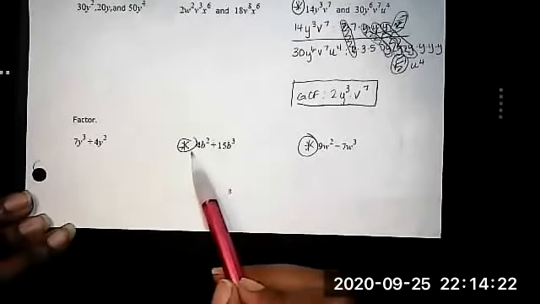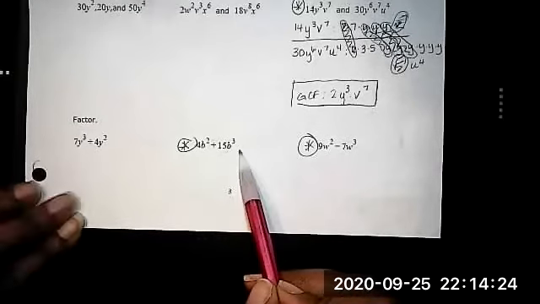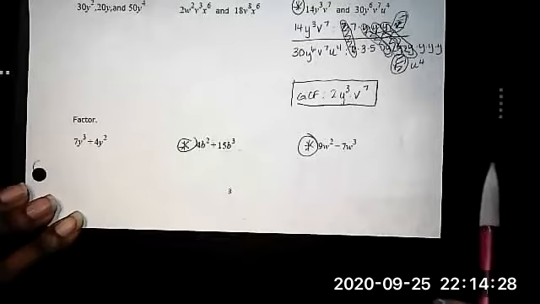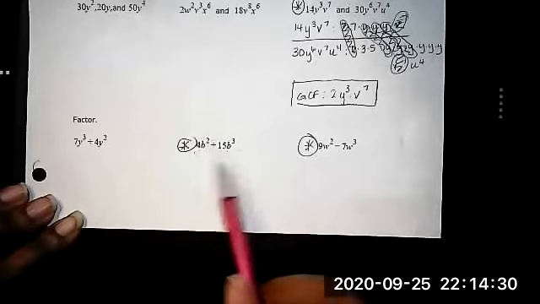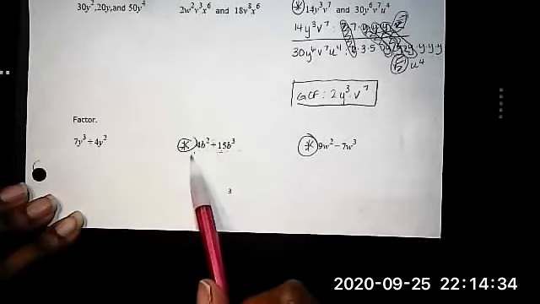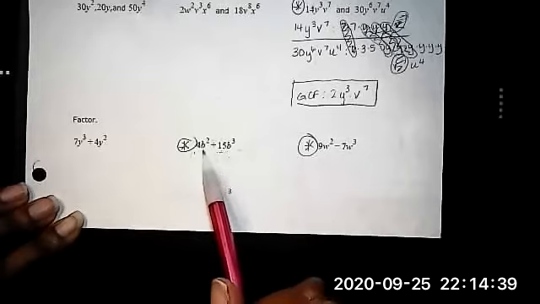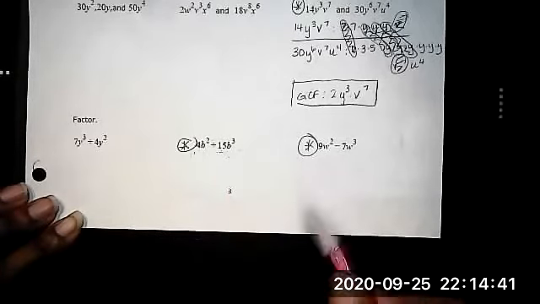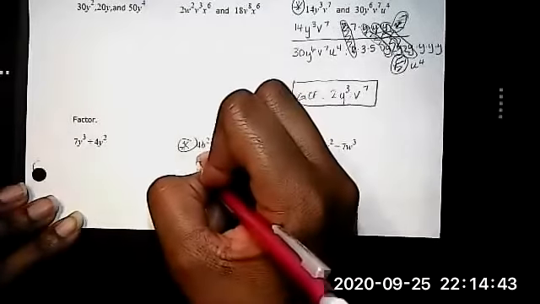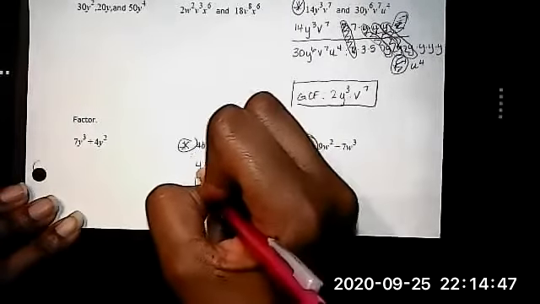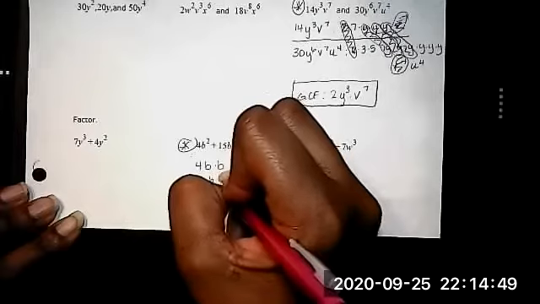Now, I'm going to just look at this one, and I want to see if you can kind of figure this one out. It's 4b squared plus 15b cubed. All right, 4 and 15, they don't look like they have anything in common. 4 is 2 times 2, 15 is 5 times 3, that doesn't work. But what about the b squared and the b cubed? Okay, so I know 4 and then b squared is b times b, 15 doesn't have anything common, b times b times b.